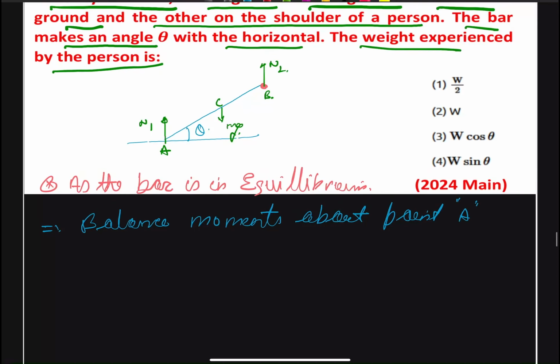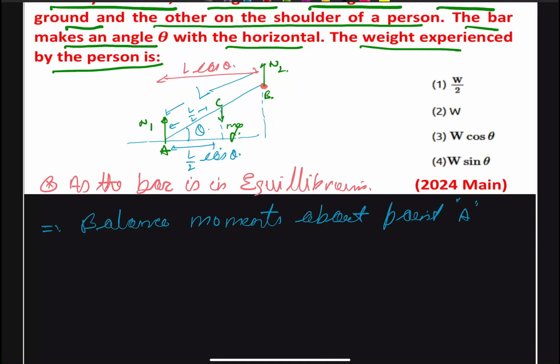So let us assume that the length of the bar is capital L. Therefore, because mg will be acting exactly at the center, this point C will be at a distance of L by 2, and this horizontal distance will be L by 2 cos theta, and this entire distance will be L cos theta.